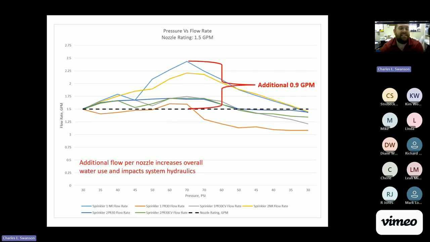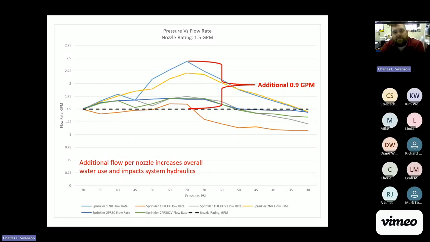We can see here, based on some of this data, that if a sprinkler was rated, for example, in this graph, for 1.5 gallons per minute at 30 PSI, but we operate that sprinkler at 70 PSI, well, without pressure regulation, that sprinkler is going to use an additional 0.9 gallons per minute. And so if your zone has 10 extra sprinklers on it, then you could be using 10 more gallons per minute for each minute of operation, just because you're operating at a higher pressure.